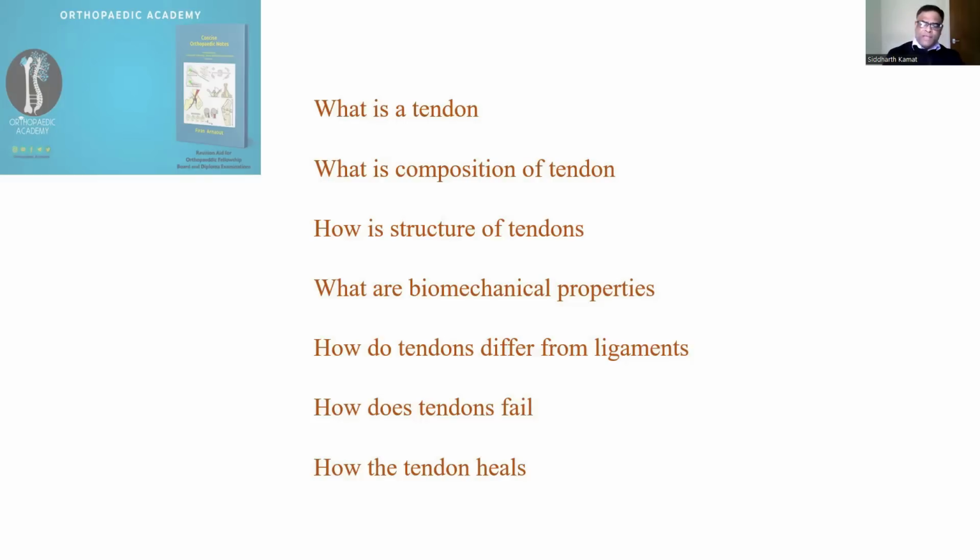One important question is, how does tendon differ from a ligament? Ligament is a structure which connects bone to bone, whereas tendon connects muscle to bone. Ligament has the function of restricting joint movement, stabilizing the joint, and proprioception, whereas tendon has the function of moving the joint.